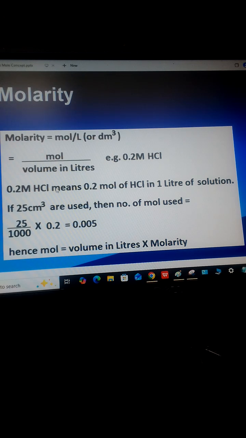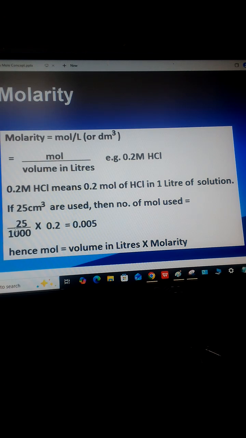Its molarity. Now let's say out of this solution you take 25 cubic centimeters and use it maybe in a titration practical. Then how many moles are in this volume? The number of moles in this volume will be 25 cubic centimeters changed to liters, divided by 1000, then multiplied by 0.2 M for this acid.